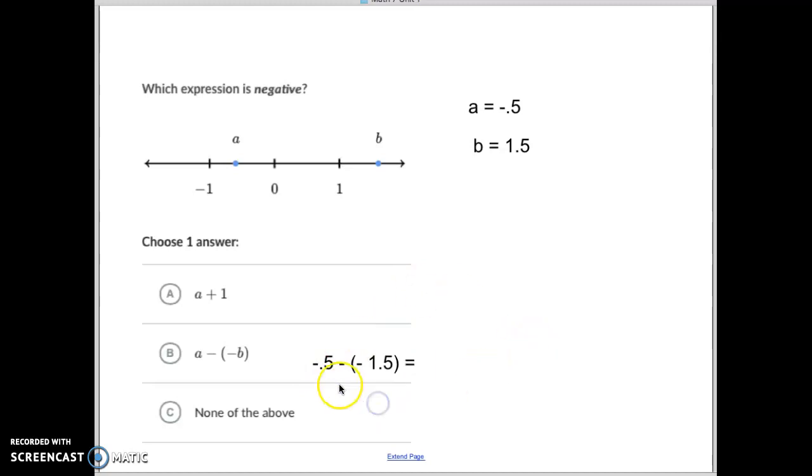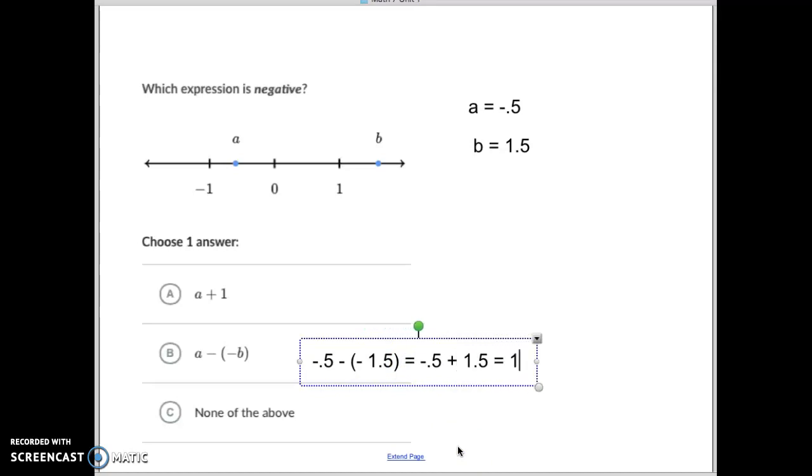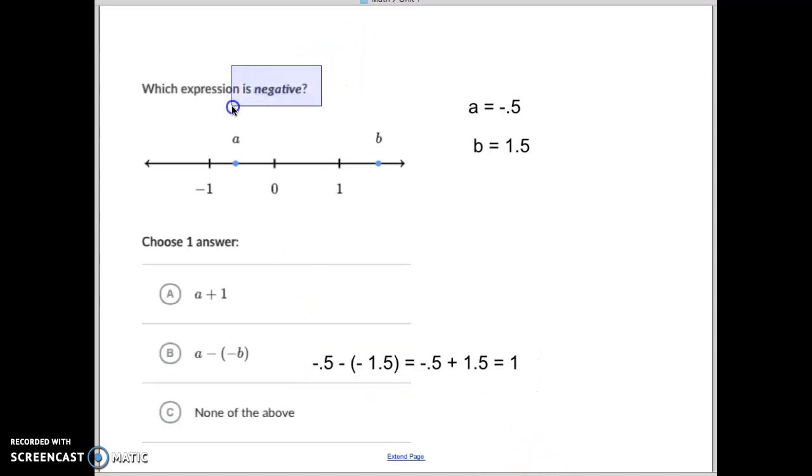Well, let's see here. Two negatives together make a plus sign, so actually I could rewrite this one to be negative 0.5 plus 1.5, and that would equal positive 1. Well, is that a negative? No, it's not. So our actual answer on this one would be C, none of the above. But you can notice how I write out my answers so I can get there.